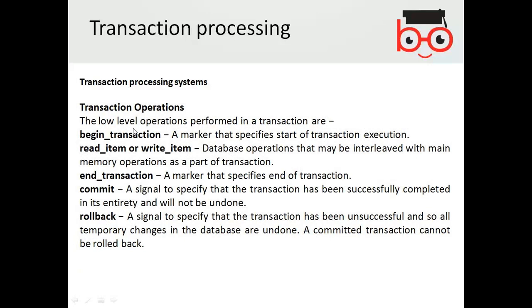Normally when you start a transaction, commit and rollback are the key functions in the database command. When you say commit, it means you are storing the transaction. If you say rollback, it means every item will be undone.